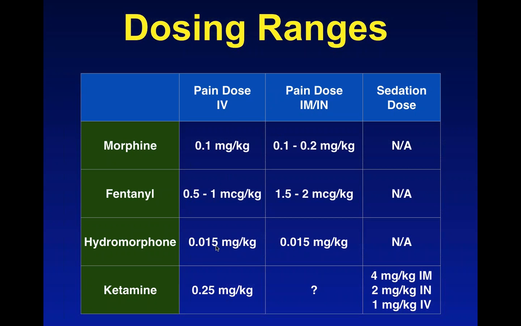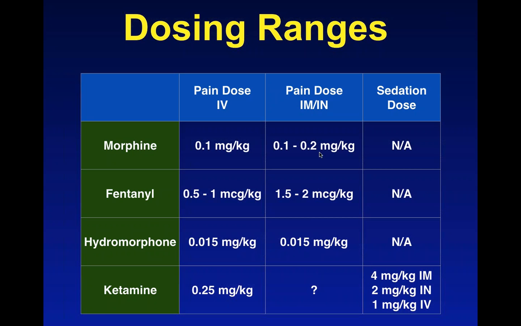Dilaudid 0.015 milligrams per kilogram. Let's say the kid weighs 4 kilos, or let's say the kid weighs 15 kilos. All of a sudden you're doing a math problem that's very difficult to do, and you're getting a volume that's really tiny. The ketamine pain dose is about 0.25 milligrams per kilogram. Some people go lower, some people go higher. I think that's a pretty good number right here.